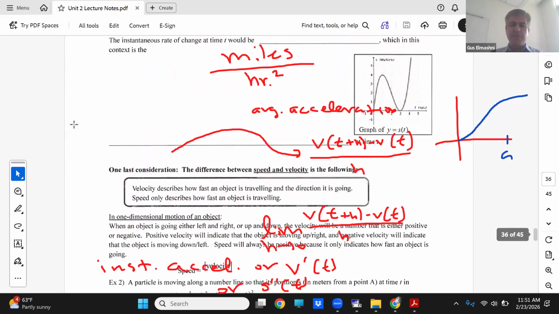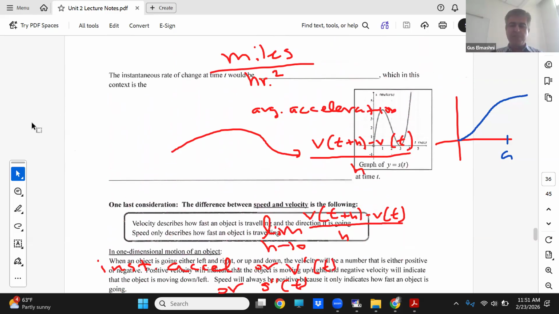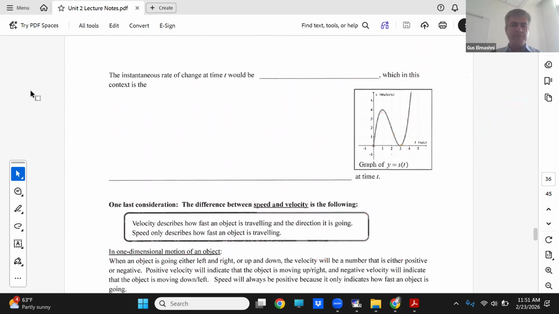So if you look over here, that's the position function. Wait, so when the derivative is positive, then the second derivative... Well, it depends. Right now, let's look at t equals 4.